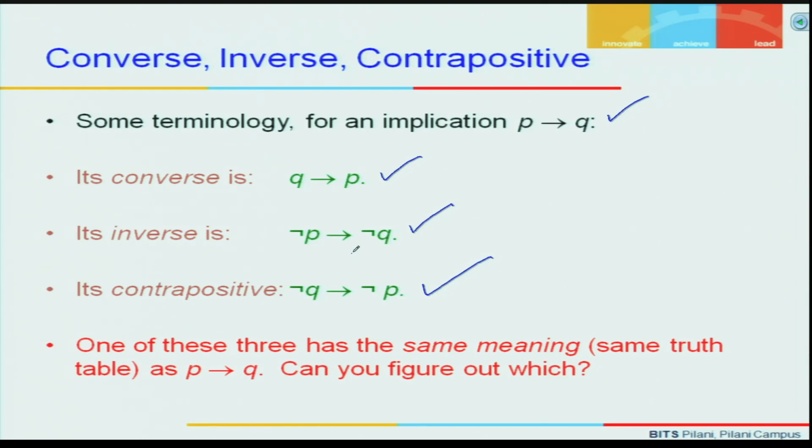How do you examine whether two compound statements are the same? Just because there are two different statements doesn't mean that they really mean two different things. Here you have got 4 compound statements.